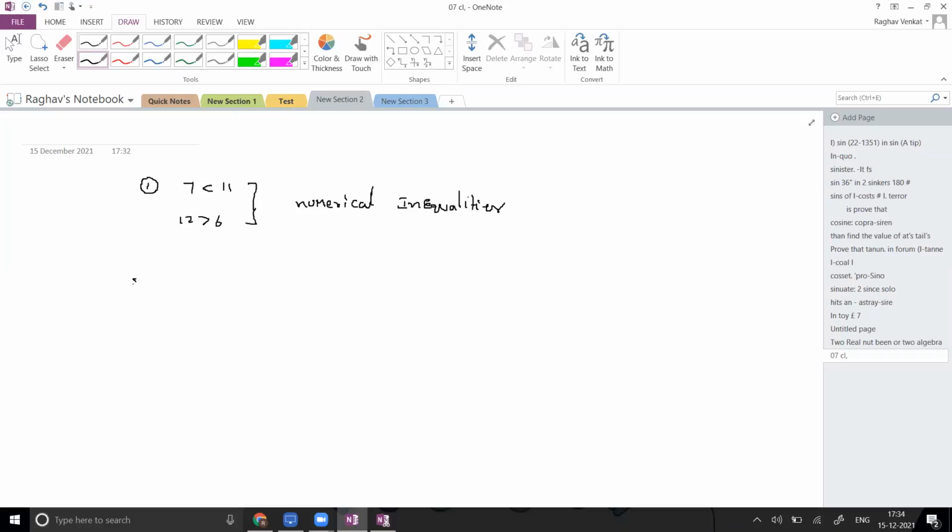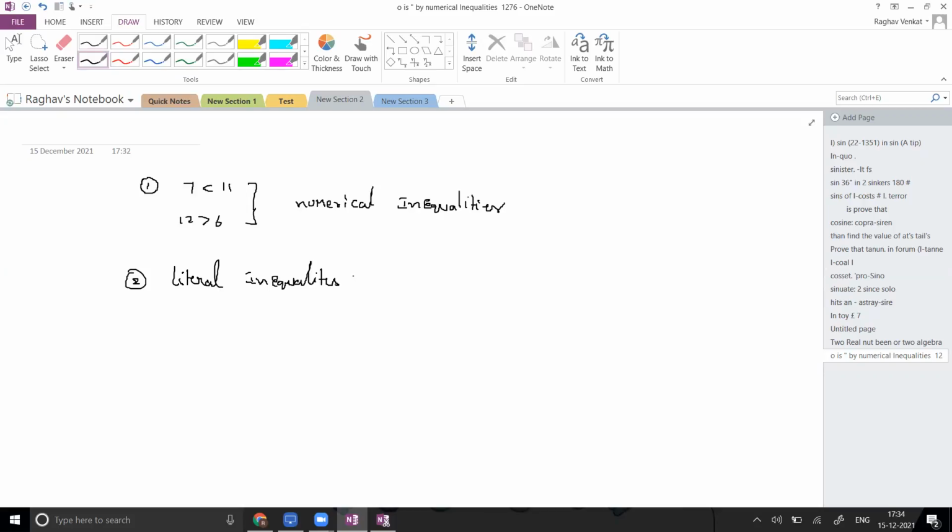Second, literal inequalities. The meaning of literal inequalities: they contain some variables. It doesn't need to be linear or quadratic or biquadratic, it doesn't matter.